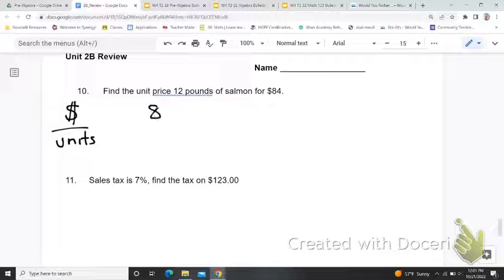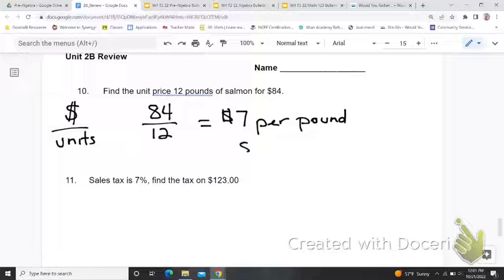So 84 is on top, divided by 12 would be $7 per pound. Or I could say $7 per LB. LB is also pound. I know that seems really odd, but it is.